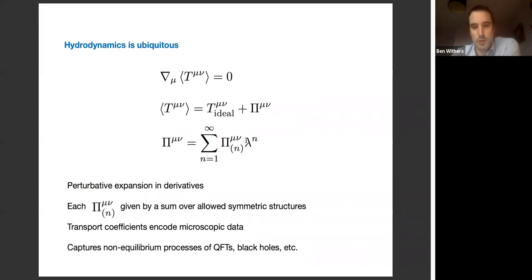If you want, you can introduce the formal parameter lambda raised to the power n, and if you count the powers of lambda, that tells you how many derivatives there are. This is a convenient organization in the sense that it measures deviations away from equilibrium. The idea is that as you approach equilibrium, the more derivatives you have, the less relevant those terms become.